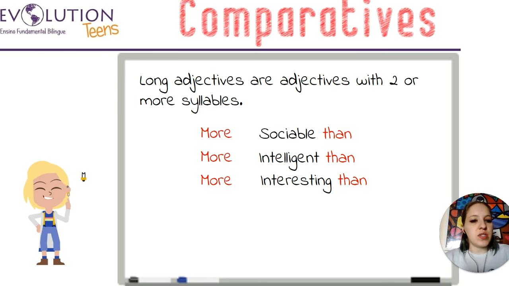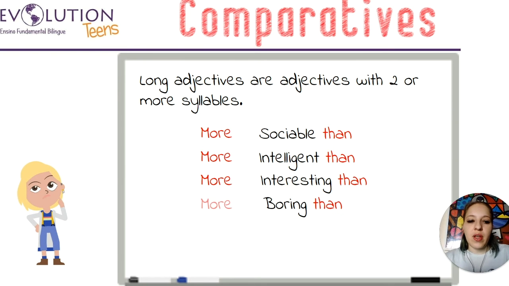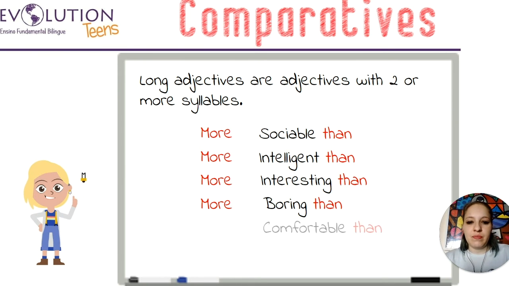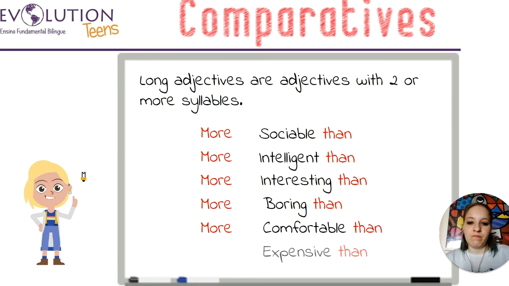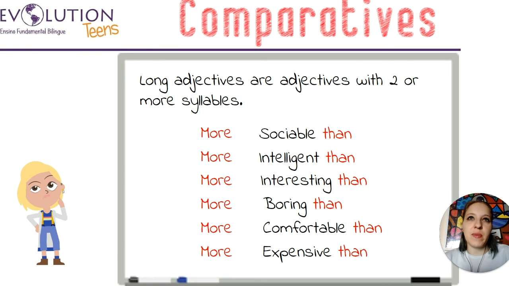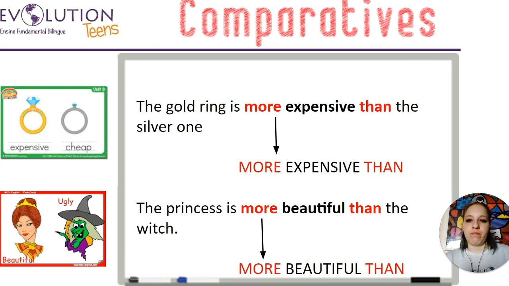Interesting, more interesting than. Boring, more boring than. Comfortable, more comfortable than. Expensive, more expensive than. The gold ring is more expensive than the silver one. The princess is more beautiful than the witch.